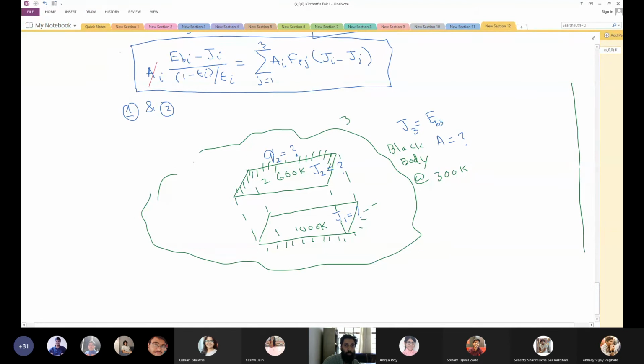So A_i is actually not needed, we can cancel it. So we get these two equations.